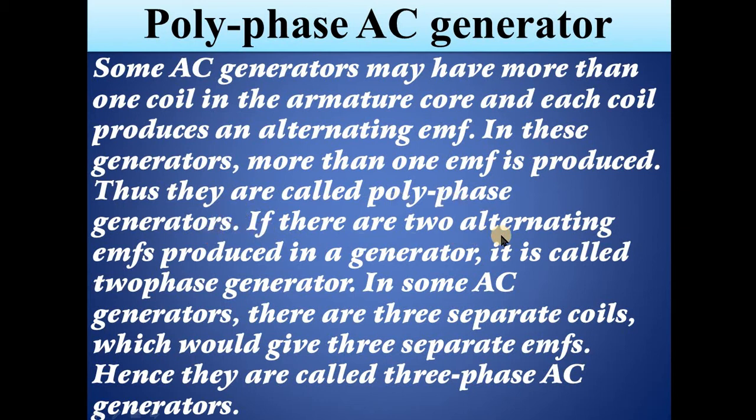If two alternating EMFs are produced in a generator, it is called a two-phase generator. In some AC generators, there are three separate coils which give three separate EMFs.